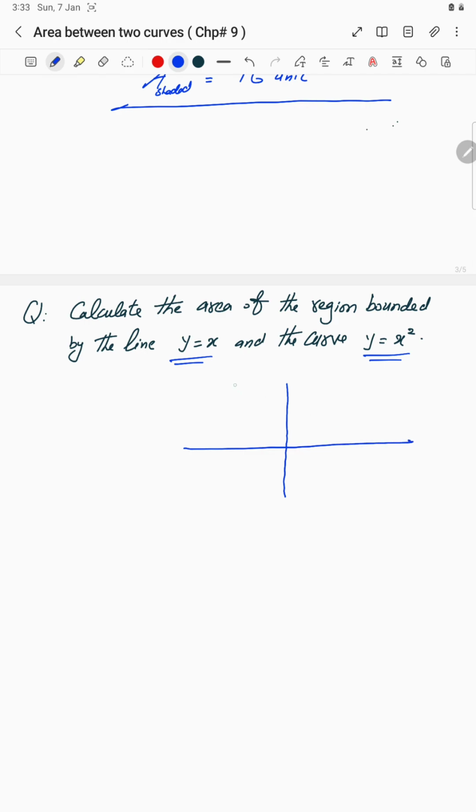The curve y equal to x square will be like this, from here to this is y equal to x square. And similarly, if we draw the line y equal to x, we will get this, this is y equal to x.